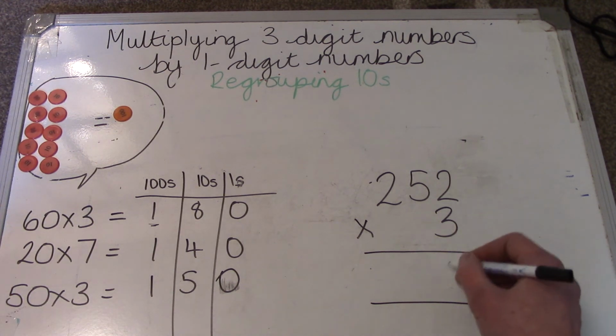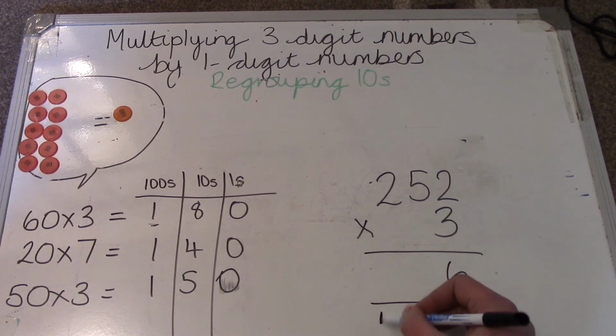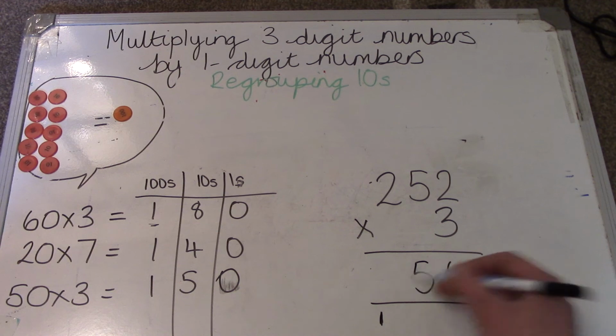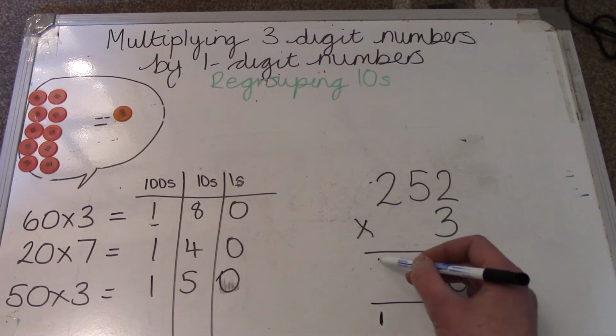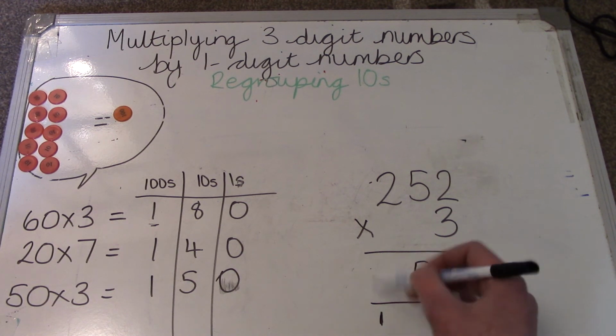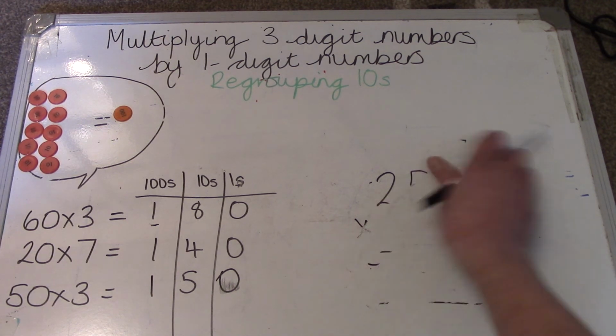So 3 times 2 is 6. 3 times 5 is 15 tens. Let's regroup it to 150. 3 times 2 is 6. Don't forget that 100 you've already created. 756 is your answer.